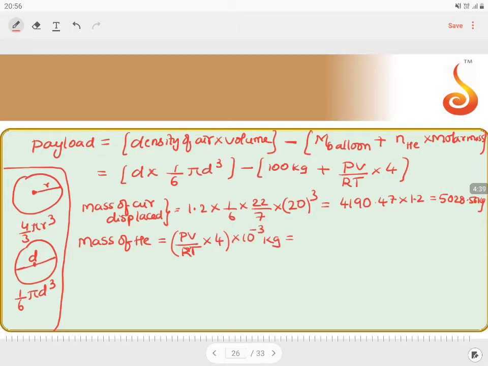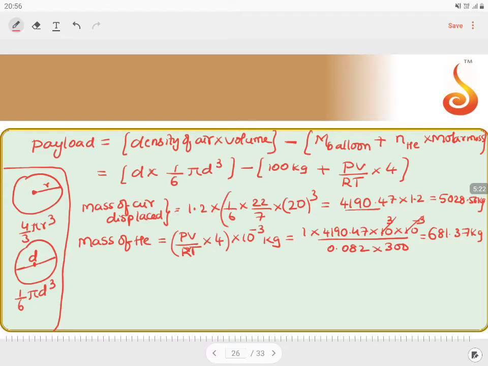Pressure is given as 1 atmosphere and the volume is 4190.47, which we got over here, into 10 power 3 liters, into 10 power minus 3, divided by RT, which is 0.082 into temperature, taken as 300. If we substitute this data, we get an answer equal to 681.37 kg.